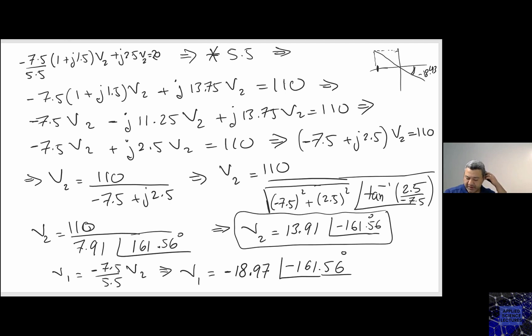Now this minus 18.97 means a 180 degrees phase shift.